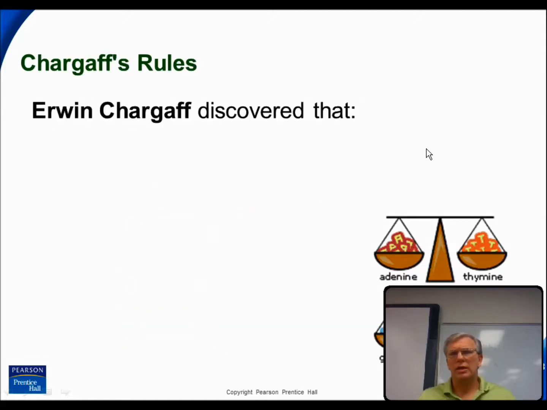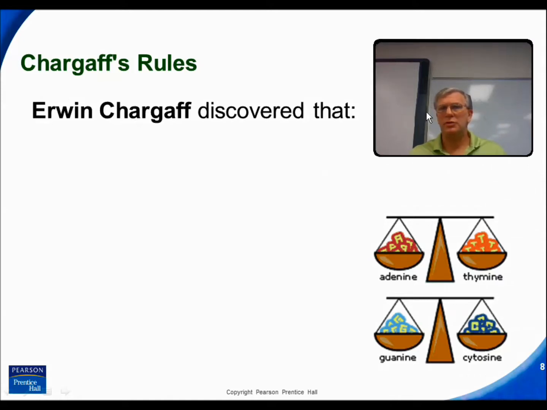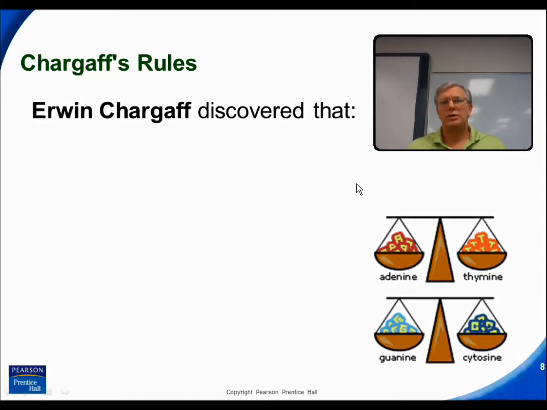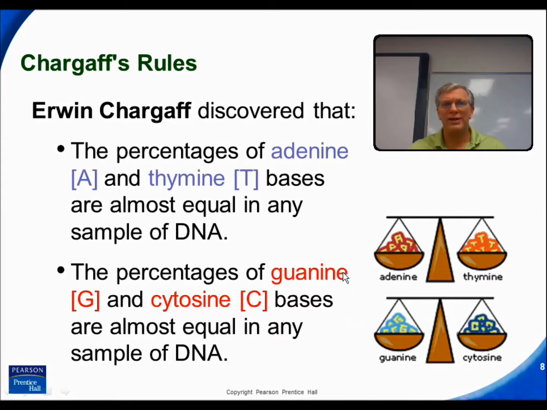Now a scientist by the name of Erwin Chargaff, some years before Watson and Crick came along, in analyzing DNA, noticed that there was always approximately the same amount of adenine and thymine, and there was always approximately the same amount of guanine and cytosine.